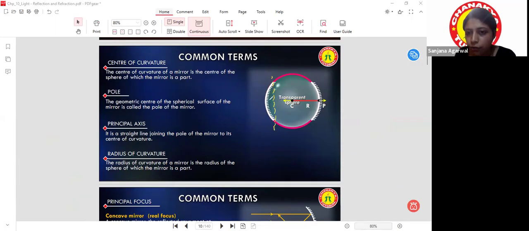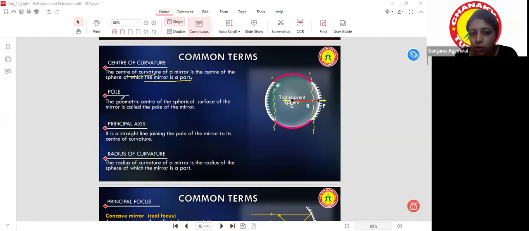This is acting as a diverging mirror. And if we have carved out this piece, they are actually parts of different spheres shown in the single diagram. This is acting as a concave mirror. So the mirrors also have a center point, which is known as the center of curvature. The center of curvature of a mirror is the center of the sphere of which the mirror is a part.